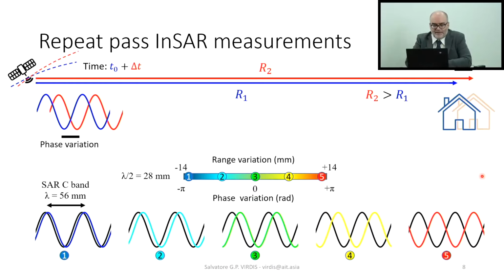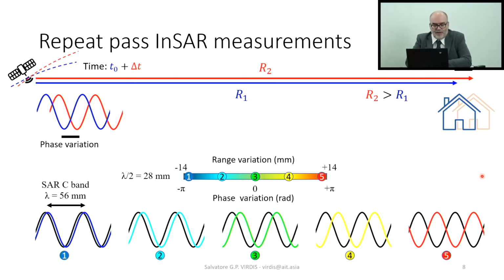This interval has an amplitude of 2π, and usually it is measured from minus π to π, so that the interval is 2π. And this phase variation equals an equivalent range variation. It depends on the wavelength we use, on which system we are using.